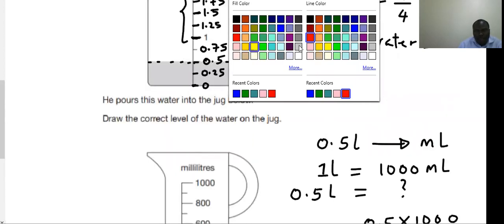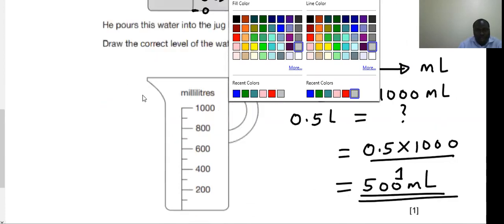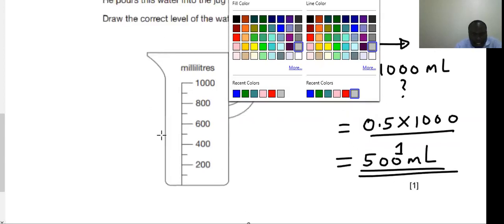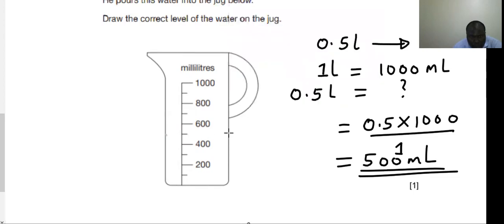Guess this color was used there. Okay, let us try if they match, but not necessarily. Okay, so you draw it that way. See that? Correct. And then that is your 500 milliliters.